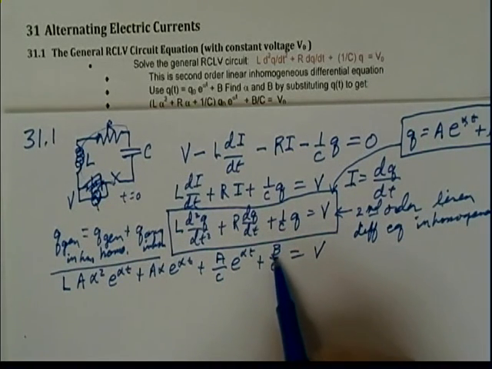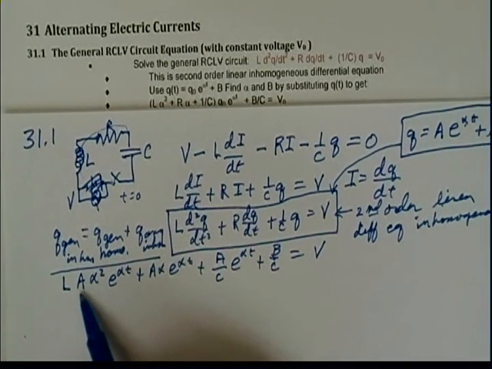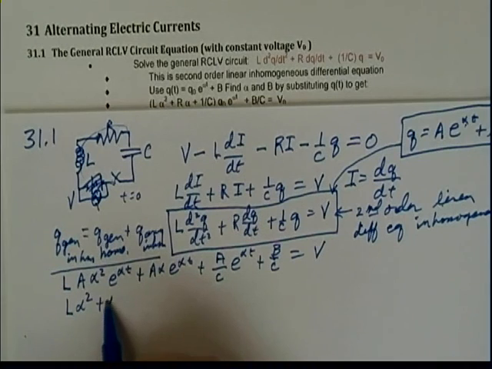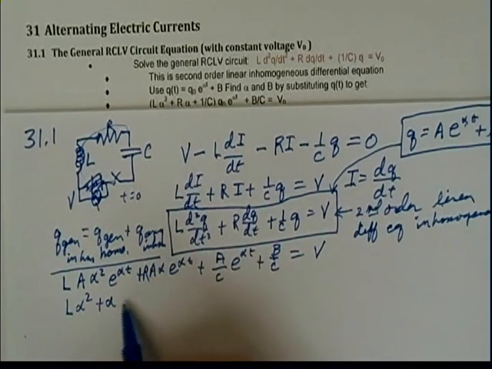Now, if we take this constant and bring it to the right-hand side as we've done before and factor out A e to the alpha t, we get the equation L alpha squared plus alpha, oops, I forgot the resistor here. This term has to have the resistor R here.